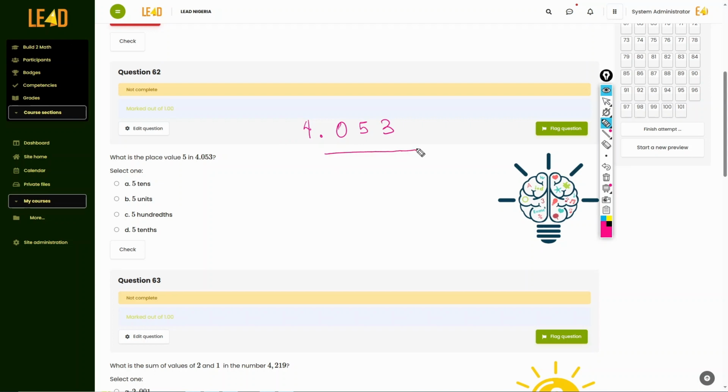All right, so as always, I'll do all of them out. This is to the right of the decimal point. We have tenths, hundredths, and thousandths.